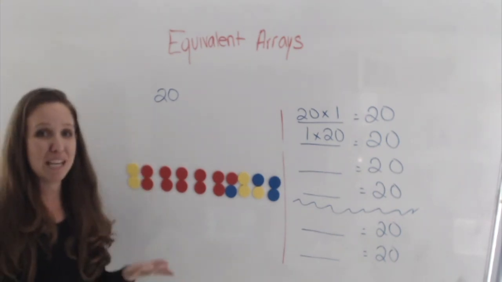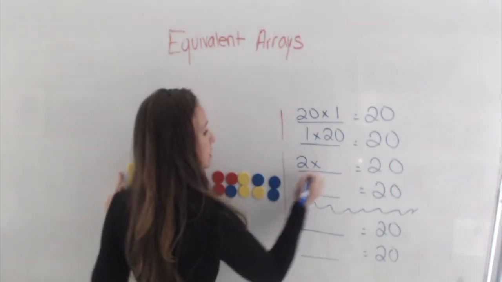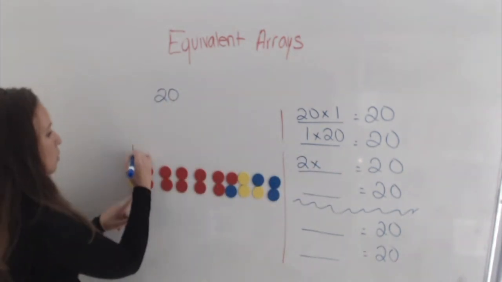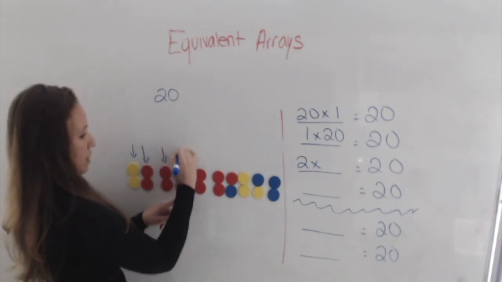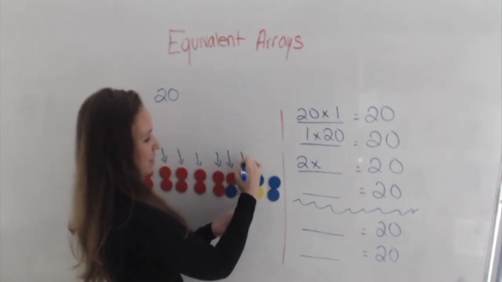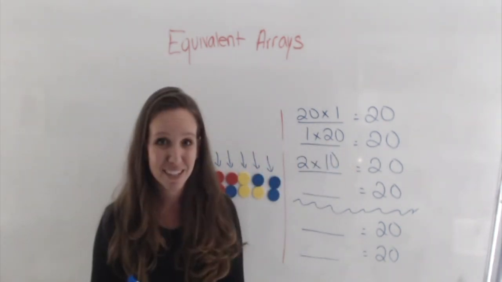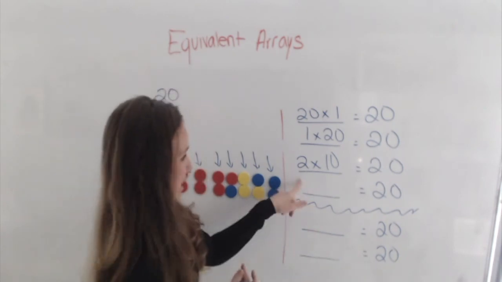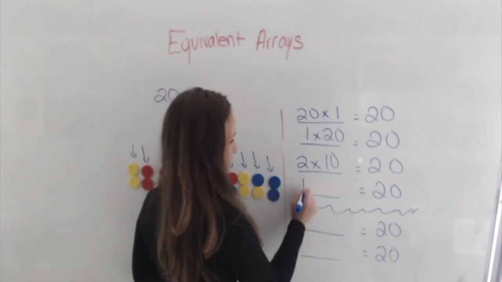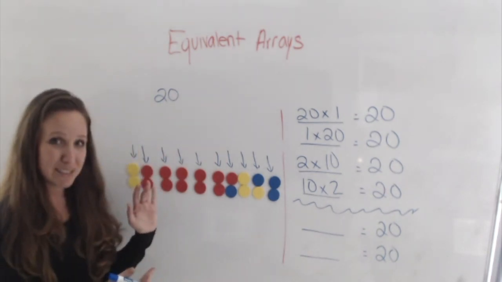I was able to break it up evenly. So I have 2 rows, and how many columns? 1, 2, 3, 4, 5, 6, 7, 8, 9, 10. 10 columns. So the next statement would just be 10 times 2. I'd just be looking at it sideways.